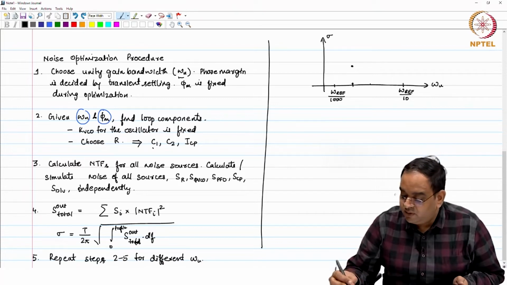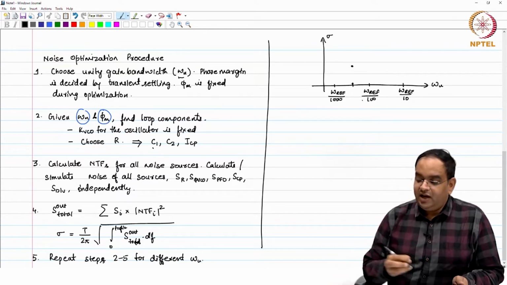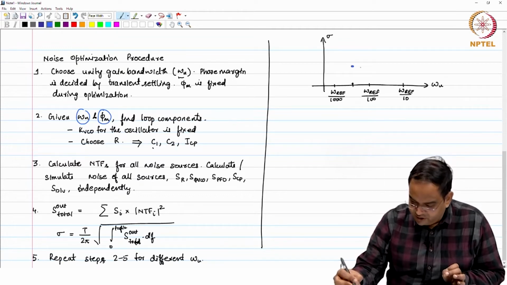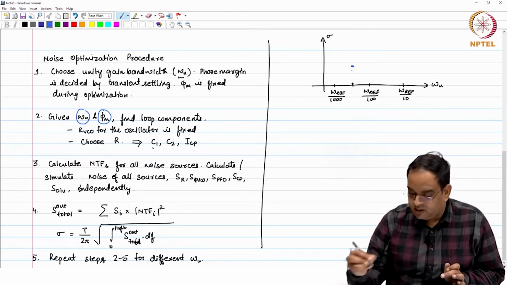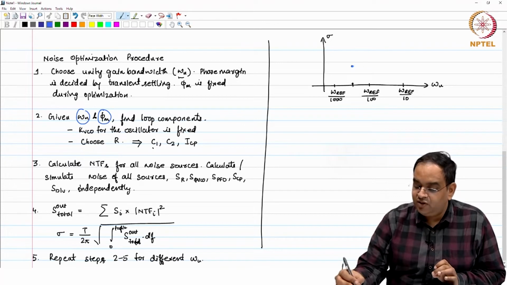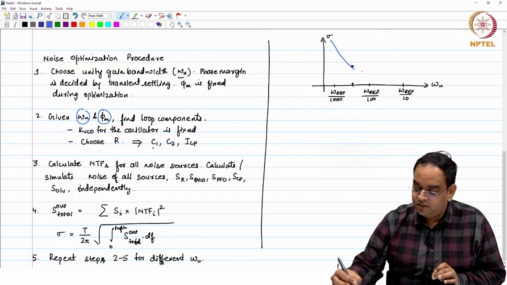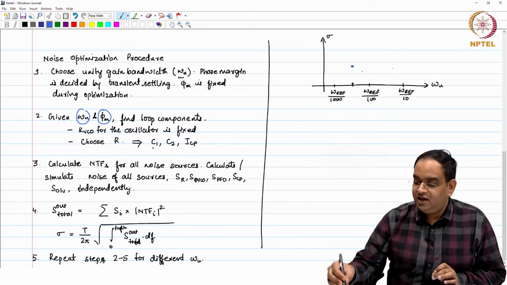Let us say I pick one value, omega ref by 100. I am repeating this exercise, and each of these unity gain frequencies is going to give me some amount of jitter. What you are going to find is that this plot may look like this. It can be anything.